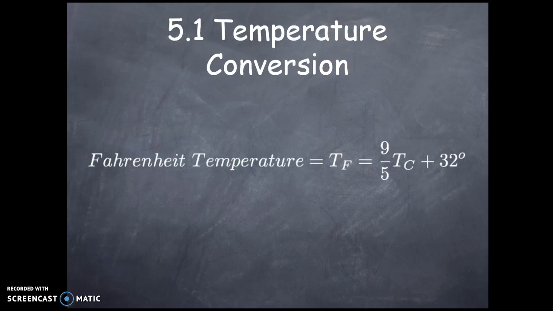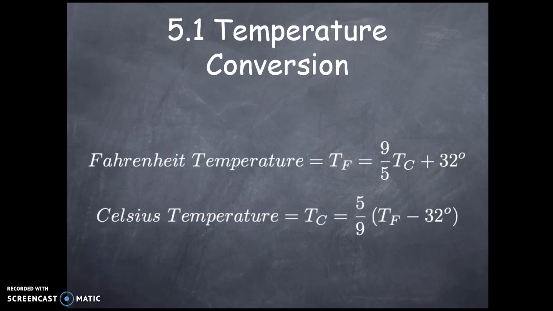Temperature conversion. If we want to convert from degrees Celsius to Fahrenheit and Fahrenheit to degrees Celsius, we use these two formulas right here: Tf equals 9 over 5 Tc plus 32, and Tc equals 5 over 9 times (Tf minus 32).